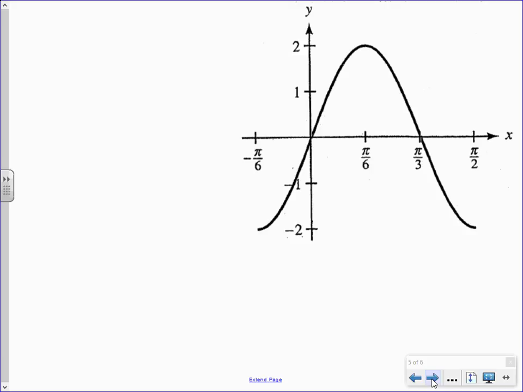To at least have marked the -pi/6, the pi/2, and the -2 and 2. That would be the bare minimum I would want you to have for your notes.